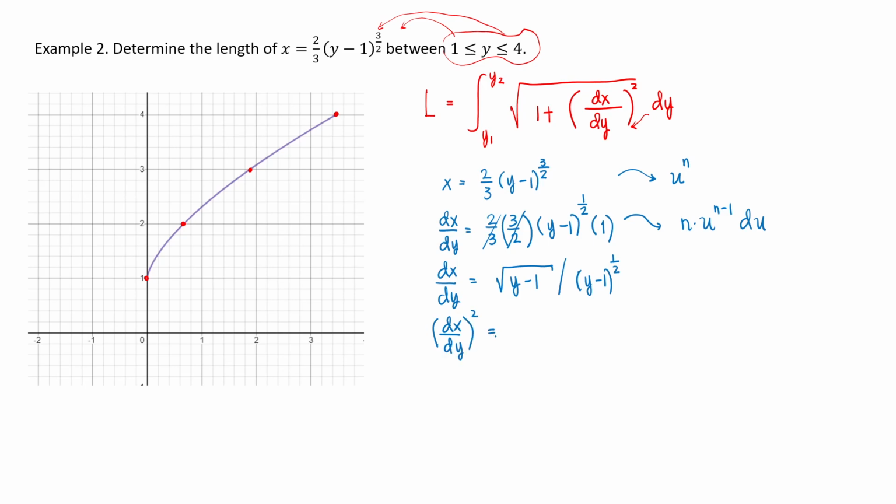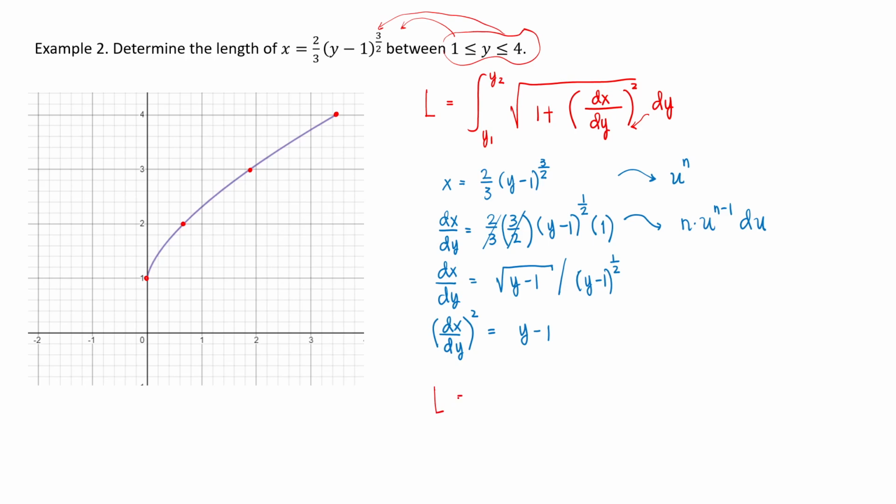So squared, this becomes y minus 1, eliminating the radical expression because we are getting the square of dx over dy. So we're now ready to plug in the values.